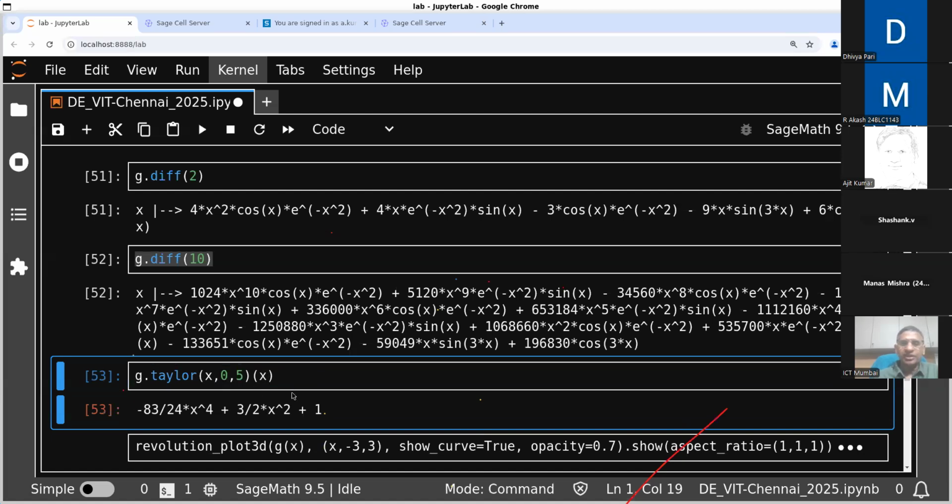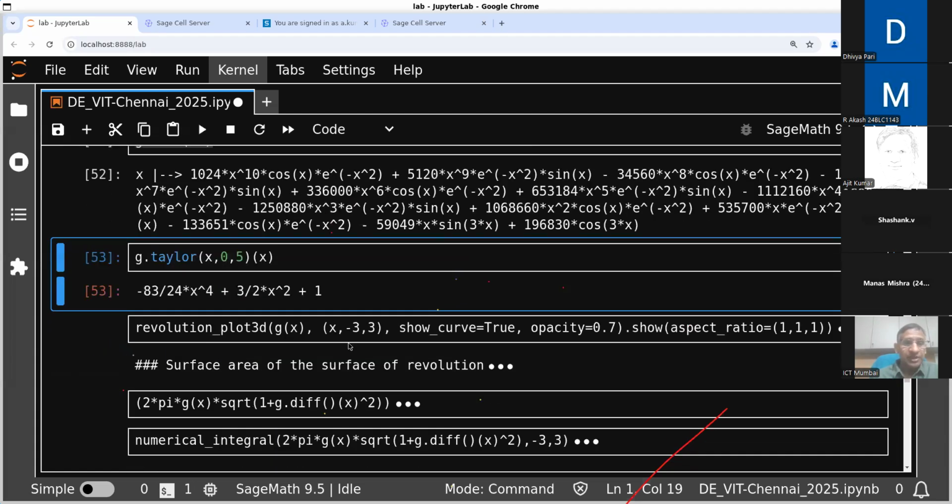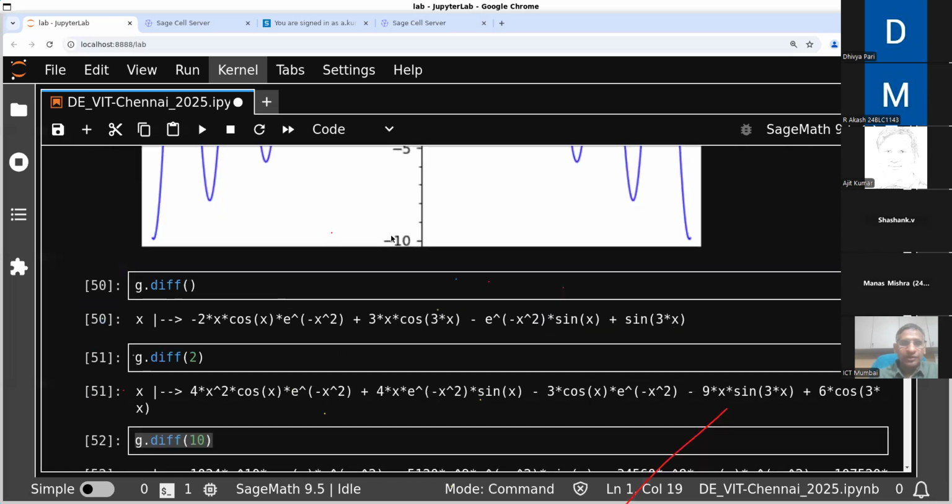This is a 5th degree Taylor's polynomial. Taylor's polynomial is one of the most powerful tools as far as approximation is concerned. All the numerical values that we find in our calculator or in computer, etc., are based on Taylor series expansion, Taylor series approximation.